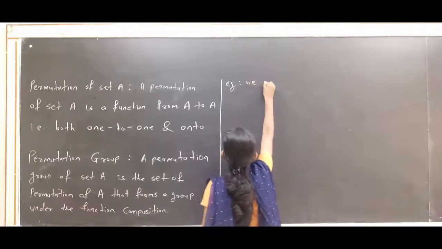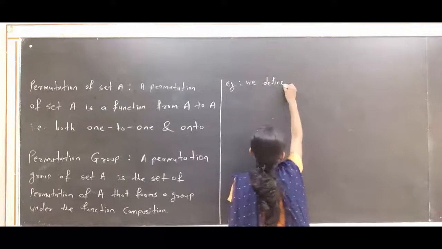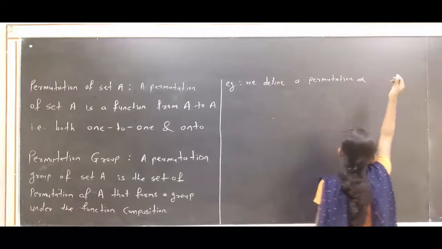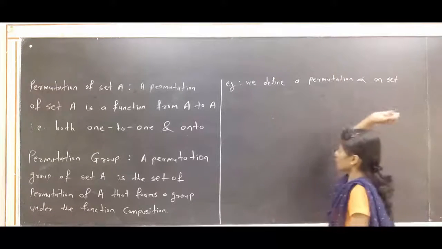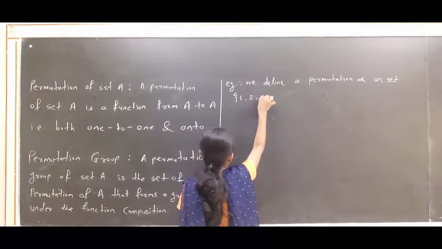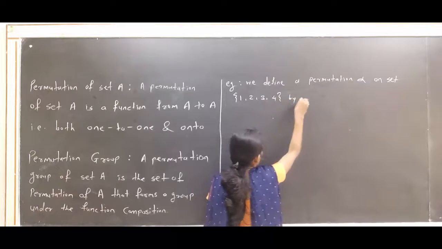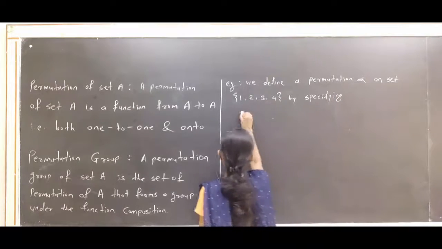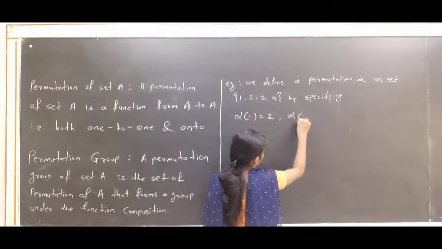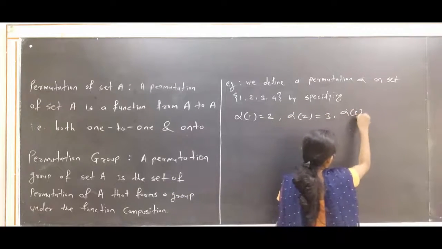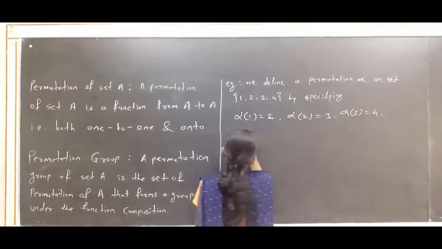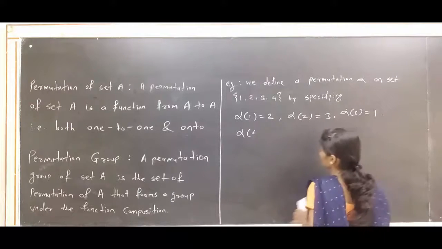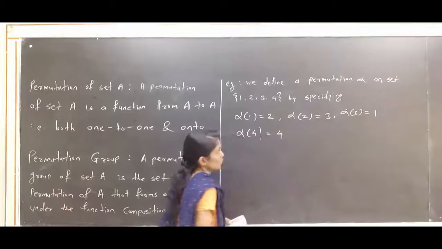We define a permutation alpha on set 1, 2, 3, 4 by specifying alpha of 1 equals 2, alpha of 2 equals 3, alpha of 3 equals 1, and alpha of 4 equals 4.